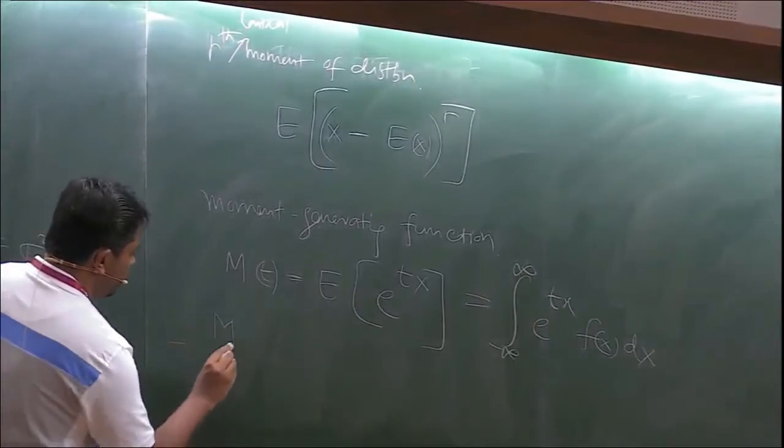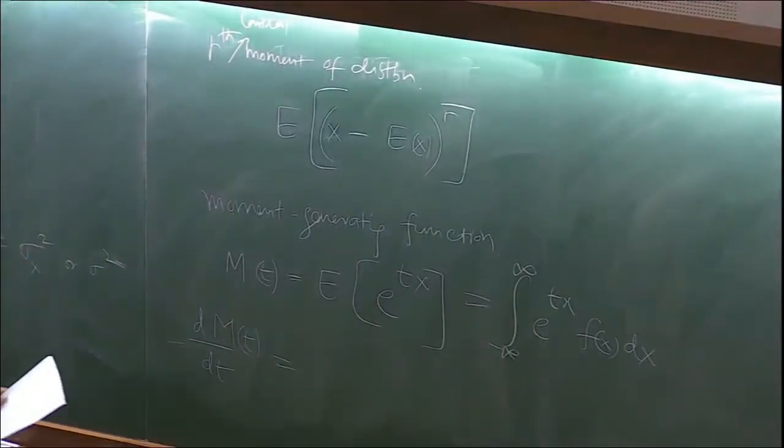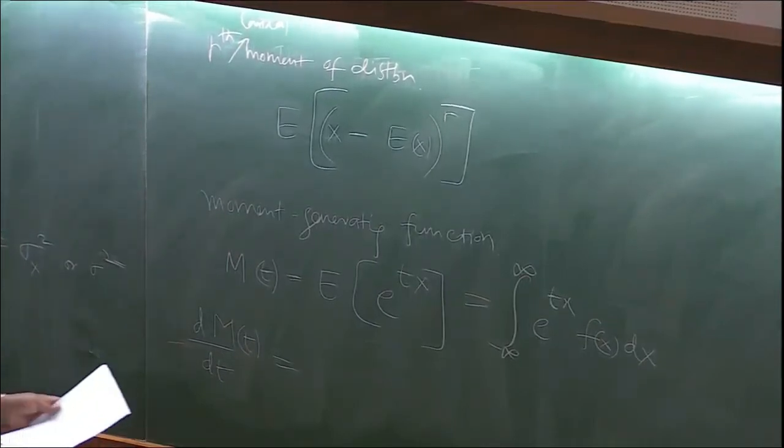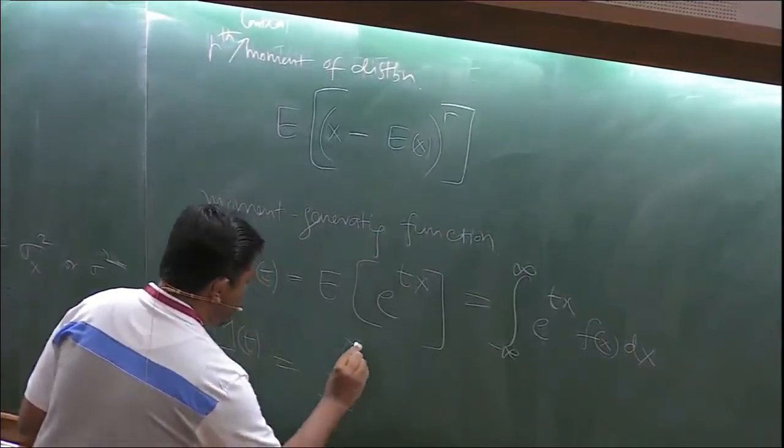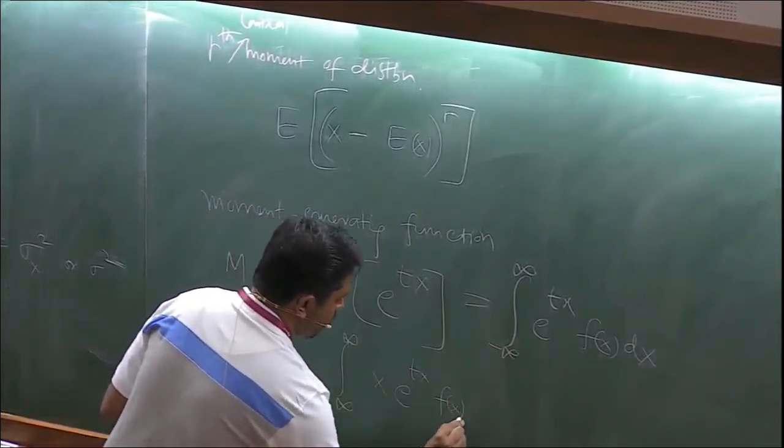What is the derivative of m with respect to t? Work it out from that integral. That will just be x times e to the tx times f of x.